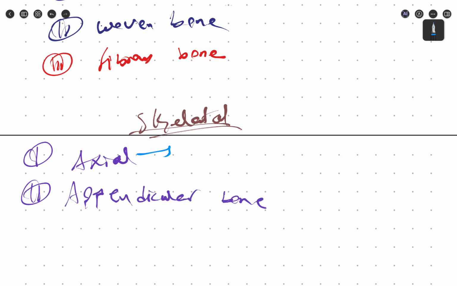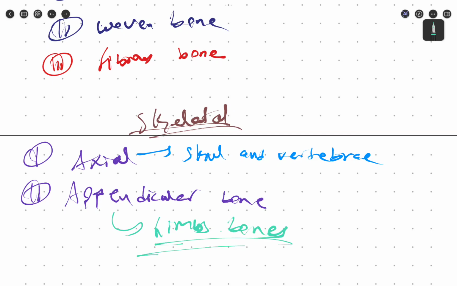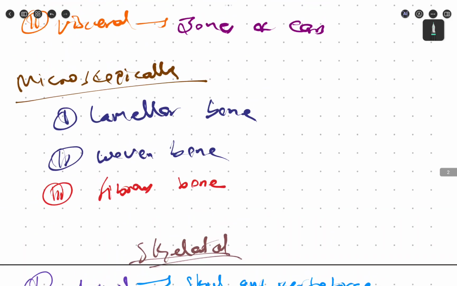In the axial skeleton, the skull and vertebrae come. In the appendicular skeleton, the limb bones come. So I hope I could make the classification of bone clear in detail.